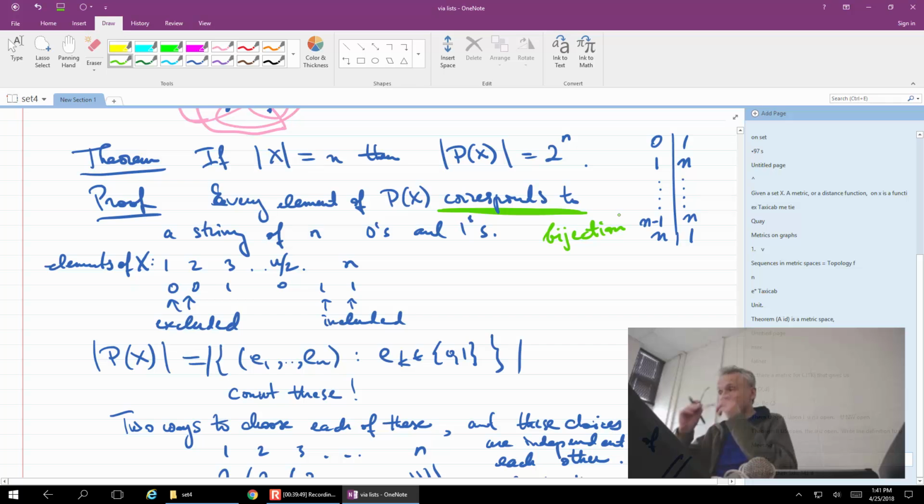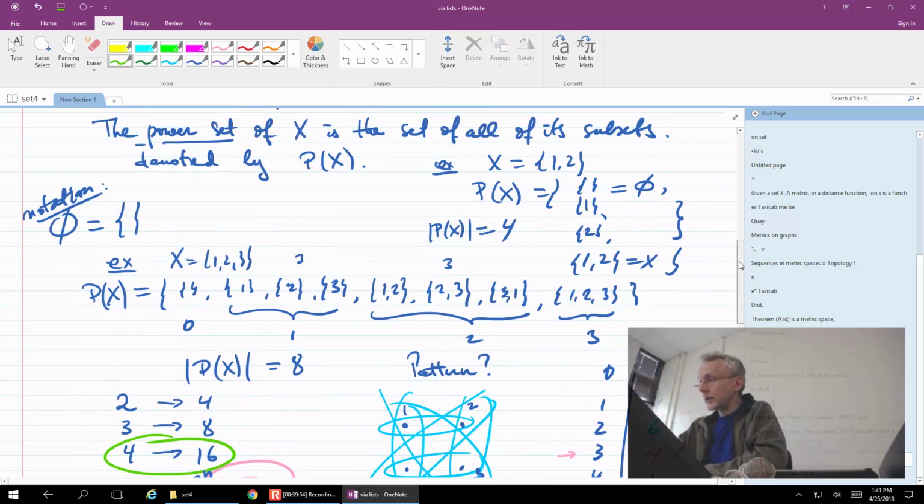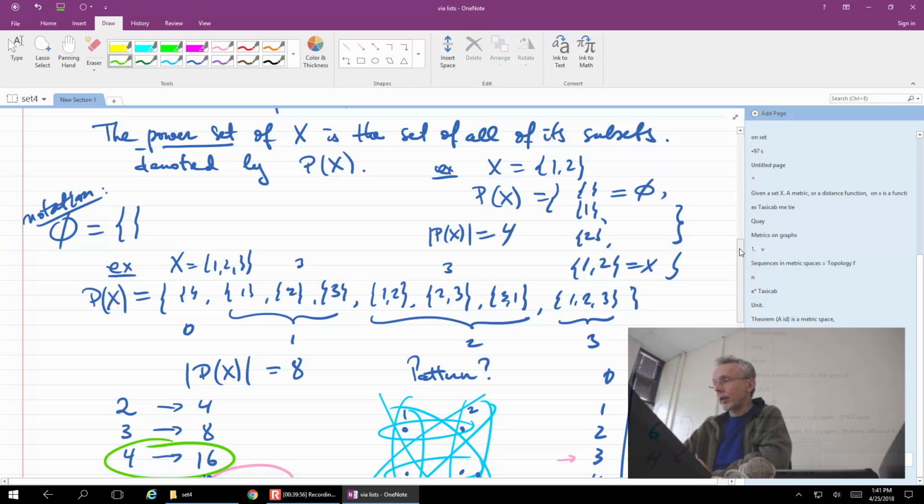Okay, so that's one example. Listing things also works out: 1, 2, 3, 4, 5, 6, 7, 8. That's the correspondence between the listed power set and the numbers between 1 and 8. So that's a bijection, a one-to-one onto function between the two.